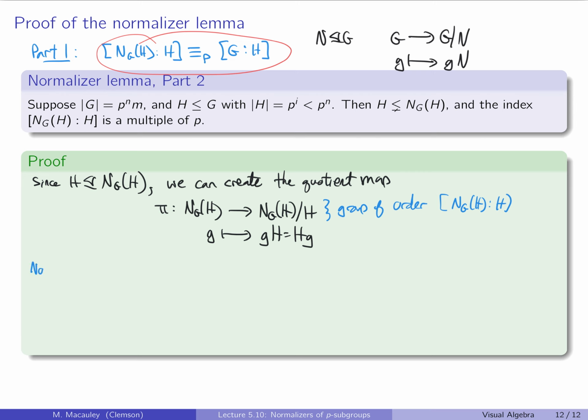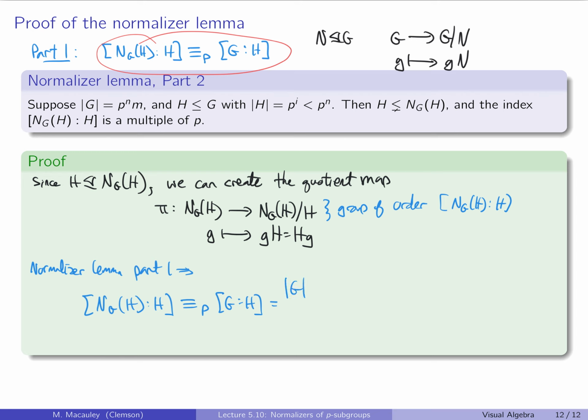By the normalizer lemma part 1, we know that the index of H in its normalizer, mod p, is the index of H in G. But let's use Lagrange's theorem.